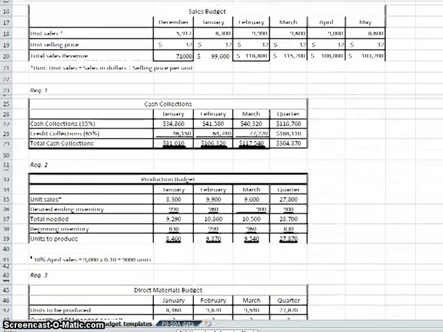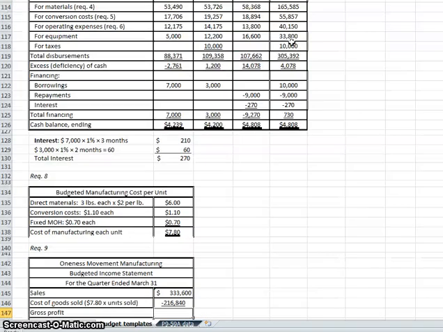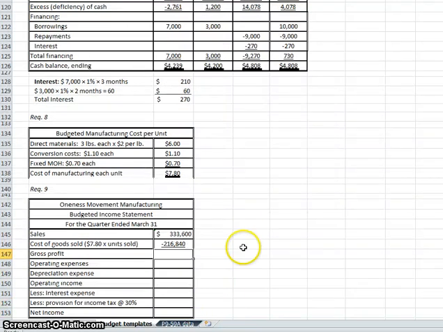So we go back up to our sales budget, and it's D18 colon through F18. Now I want to subtract this, so I'm going to times it by -1 so that it will come up as a deduction from net income.